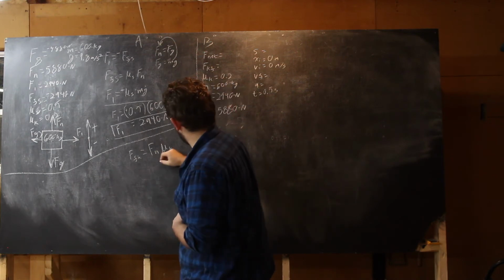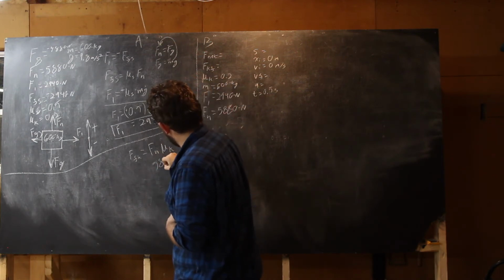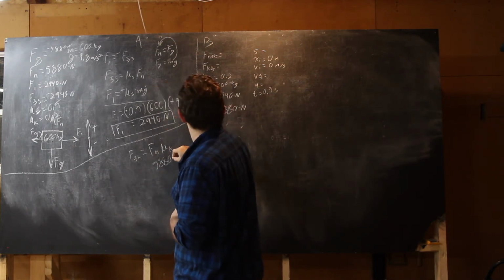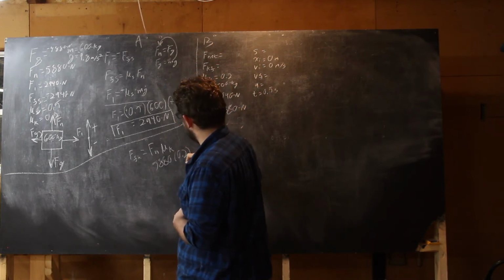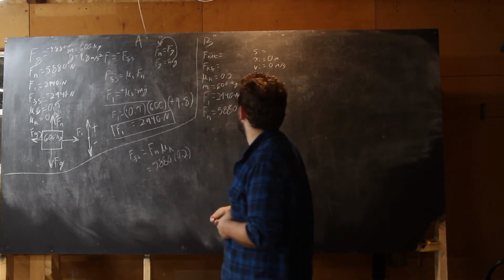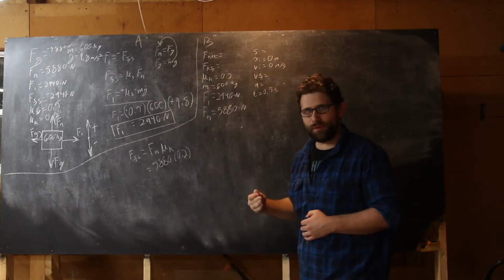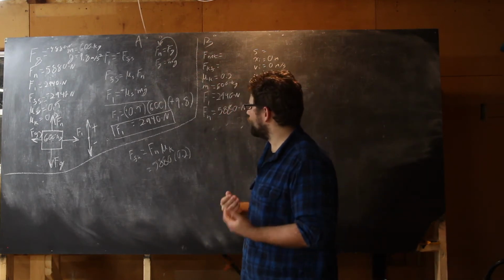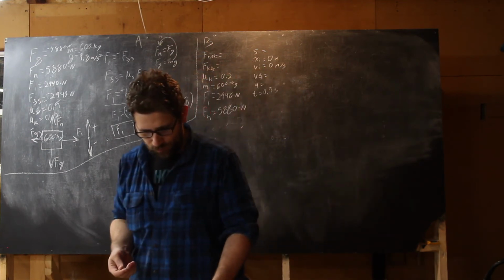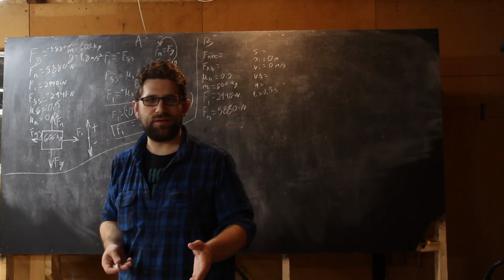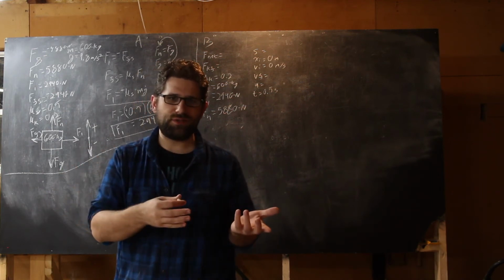Got those numbers, 5880 times 0.2. I hope you guys are starting to see that once we get this set up, it's actually becoming pretty easy because everything is just F equals ma, or friction is the force normal times the coefficient.